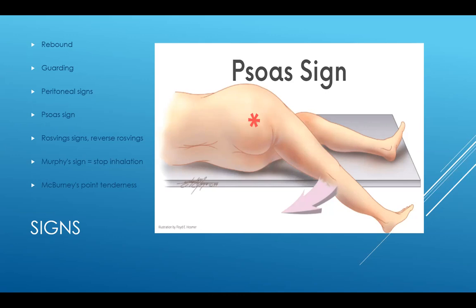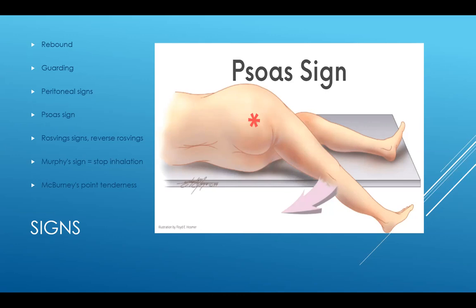And then your McBurney's point tenderness is one of those signs that we do for appendicitis. So appendicitis actually has three signs. You have the psoas sign, the Rovsing sign, and the McBurney point. So those are all good signs that you can do.